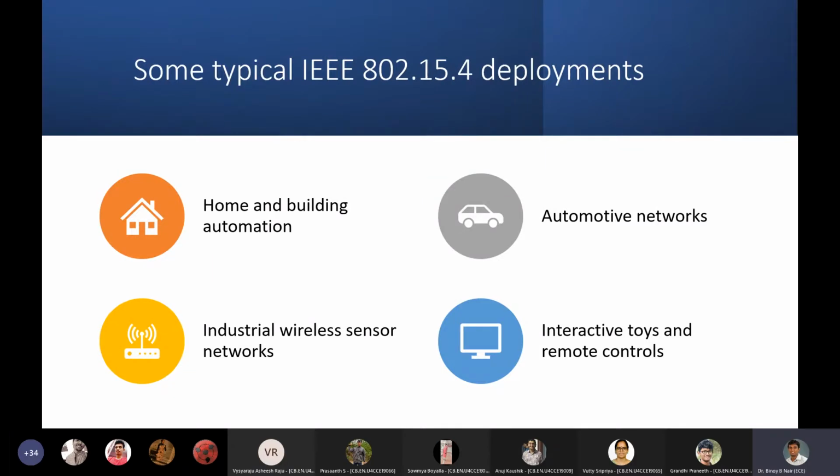Some of the 2.4 gigahertz remotes that you are seeing may be working on a Zigbee protocol, or most of them will be working based on 802.15.4.